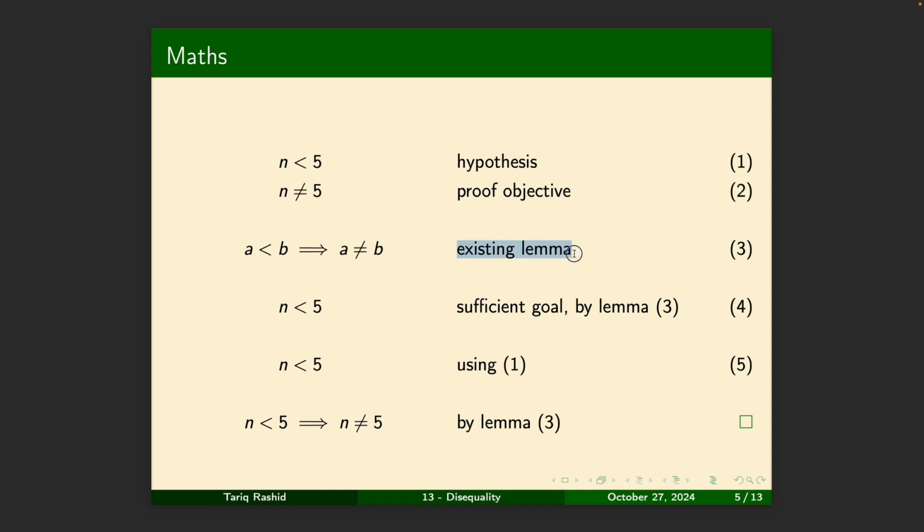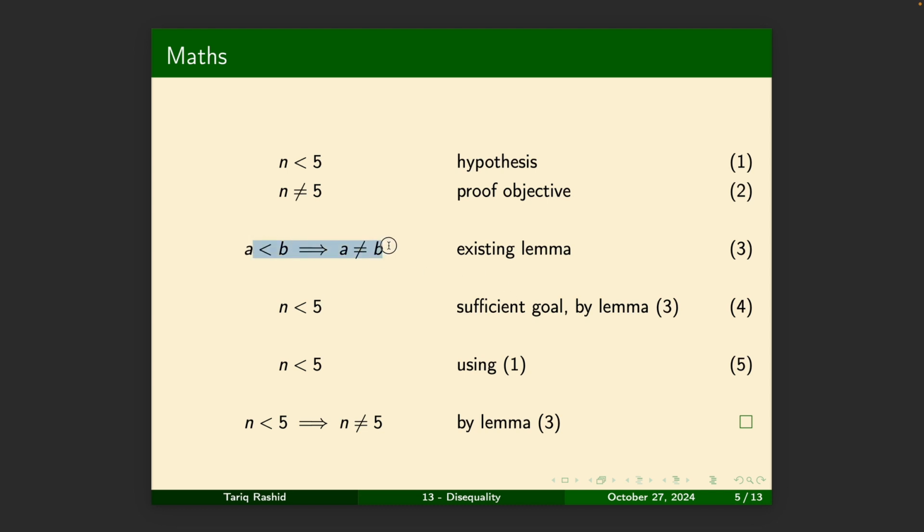Today we're going to also write the lemma we're going to use. This is an existing lemma. We're not going to justify it. Somebody's done the work already. We're going to stand on the shoulders of somebody else's work and use it. Somebody has proven this. They've done the hard work, and we're going to use that lemma.